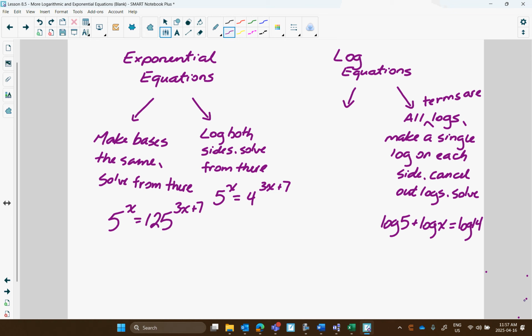So everything, all the terms are logs. The other one is when one term is a constant, a number.